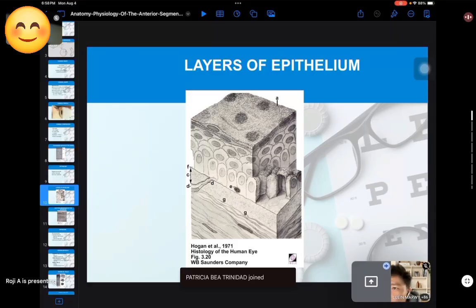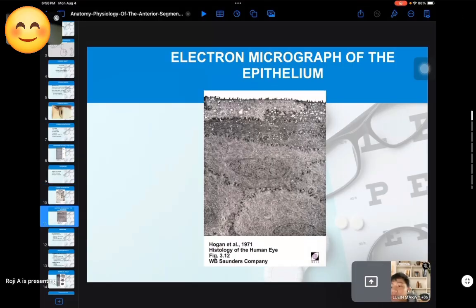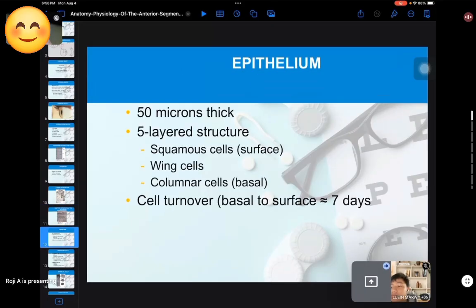Even with the layers of the cornea, there is a sublayer for the epithelium. So the epithelium is how many layers do you know? You don't know? We will know. Okay, so it's a 5-layered structure. Am I clear? Is that clear?